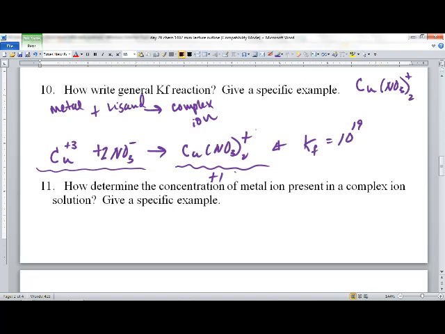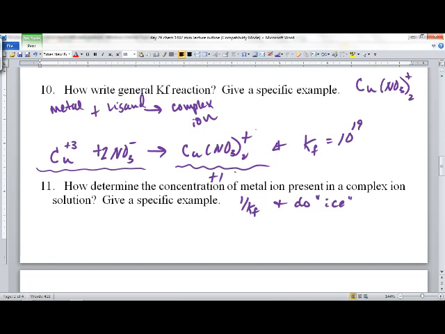So, and there's 2 types of them. And again, you're doing ICE on the reaction. But what type of reaction? It was a 1/KF because we want to show the complex ions falling apart. Then it's a lot easier to do ICE. So we have to do a 1/KF reaction and do ICE. Exactly. Okay.